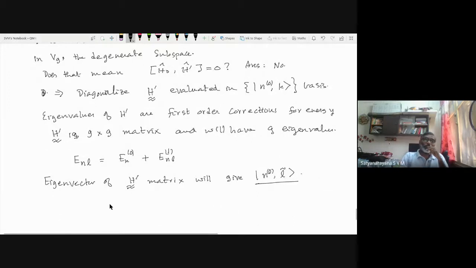Okay, so once you find this, then we can use a similar exercise as in the previous case. Then find the first order correction, appealing to a similar formalism as in the previous case.